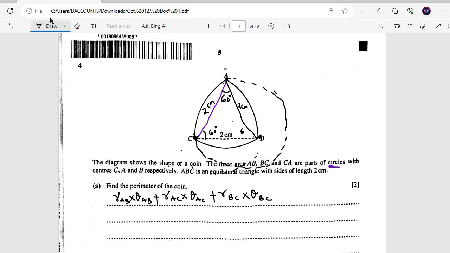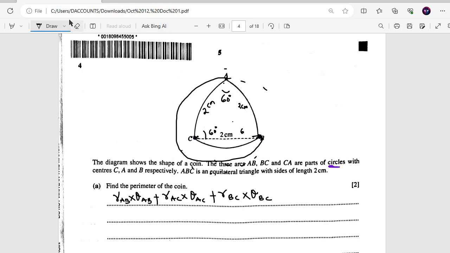If I do the same thing for arc AB, let me complete it. From B to C will be the center, which means the radius of the circle is 2 centimeters. That's the meaning. The radius is 2 centimeters.